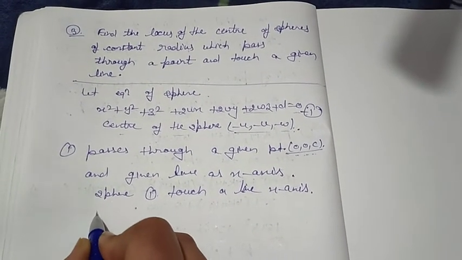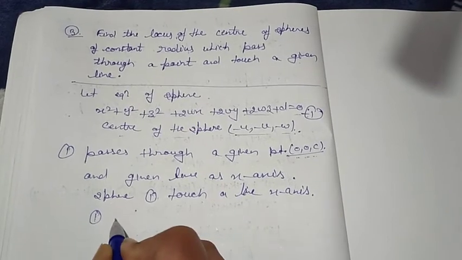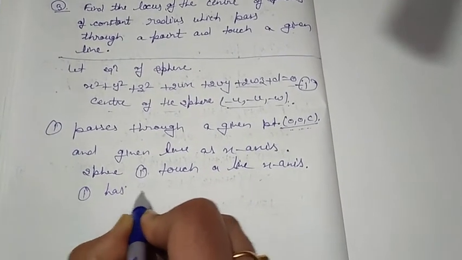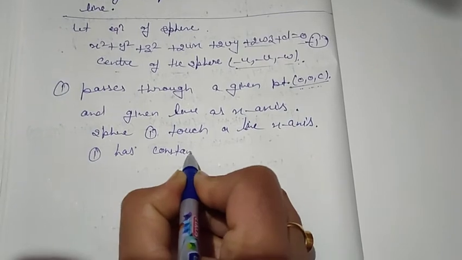Third point: this sphere has a constant radius.